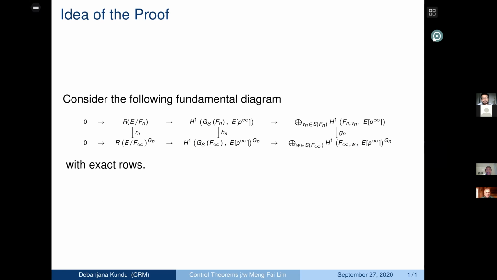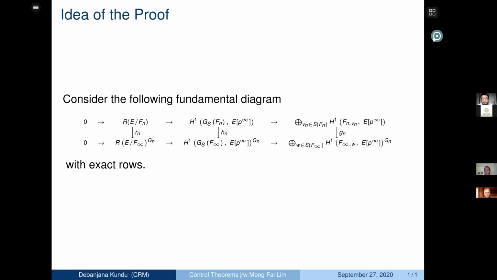The whole idea is to use inflation-restriction to understand the kernel and co-kernel of Hn, and also the kernel of Gn, which then, using a snake lemma argument, will give you information about the kernel and co-kernel of Rn. That's what we were interested in.